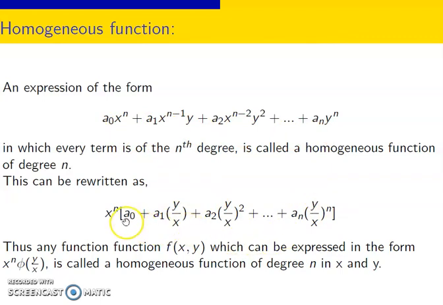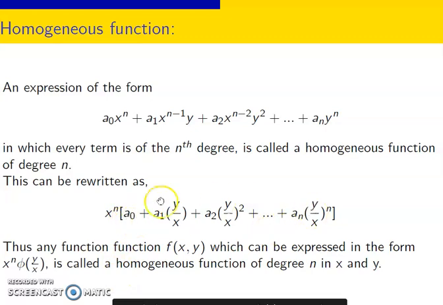Thus any function f of x comma y which can be expressed in the form x to the power n phi of y by x is called a homogeneous function of degree n in x and y.